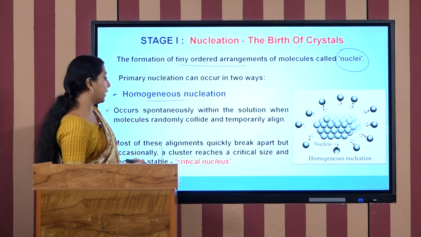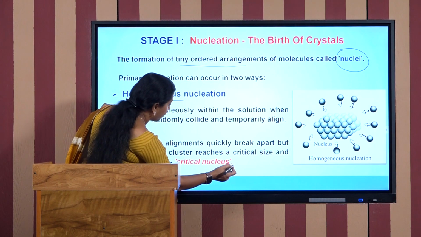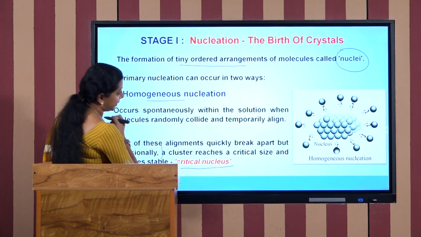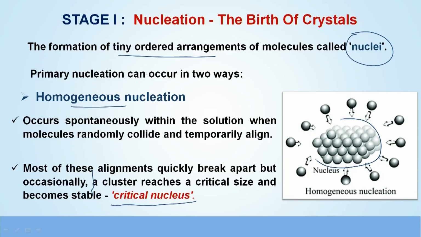Most of these alignments quickly break apart, but occasionally one reaches a critical size and becomes stable. Such a cluster is called a critical nucleus. So, in the center, this is a nucleus, and when this nucleus reaches a critical size, it becomes stable, and that is called a critical nucleus.